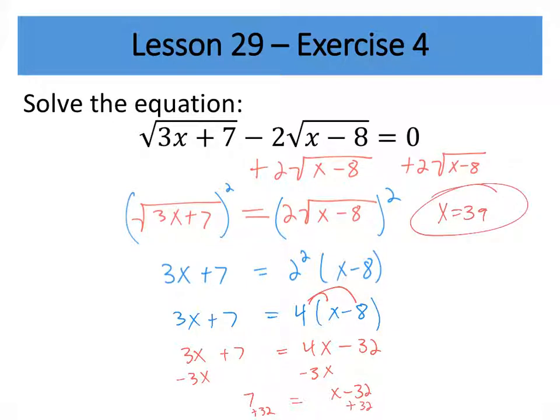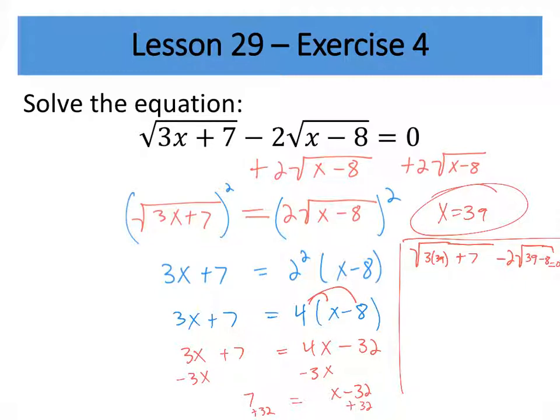And I'm gonna do a quick check here. So the square root of 3 times 39, this is kind of gross, plus 7, minus 2 times the square root of 39 minus 8. So let's try it. Hopefully that's gonna be 0. Maybe it's 0, maybe it's not.